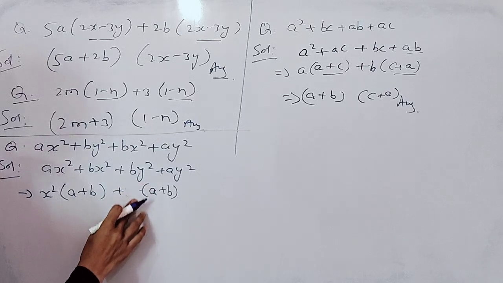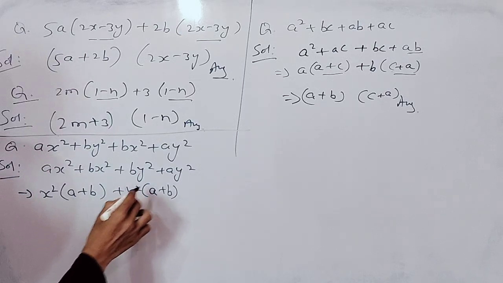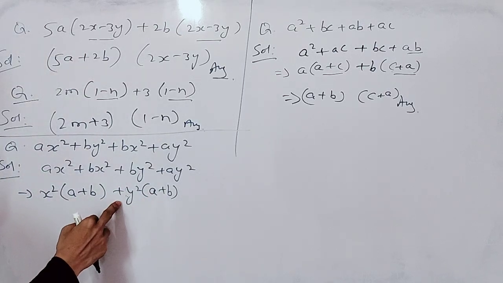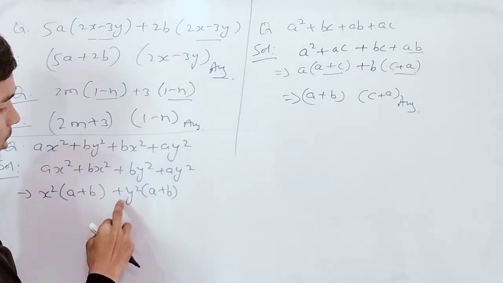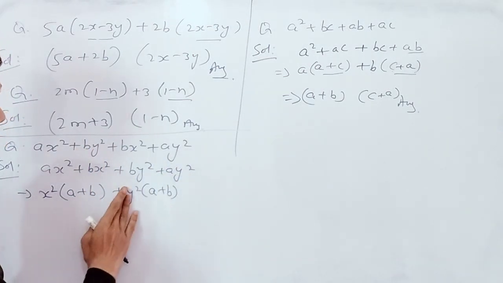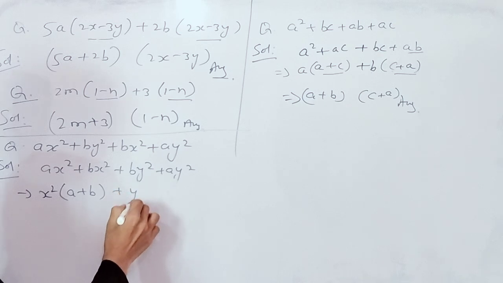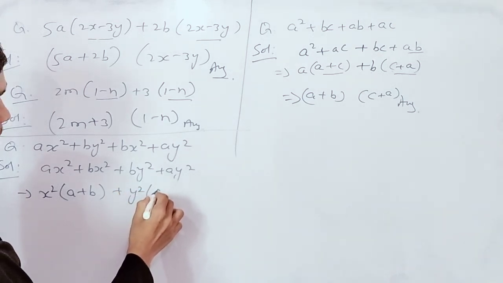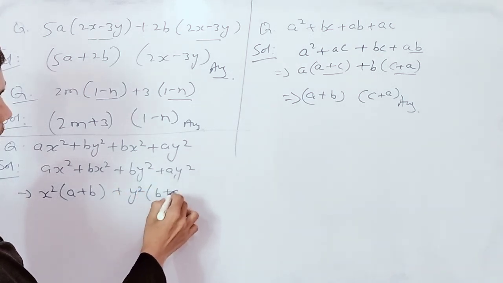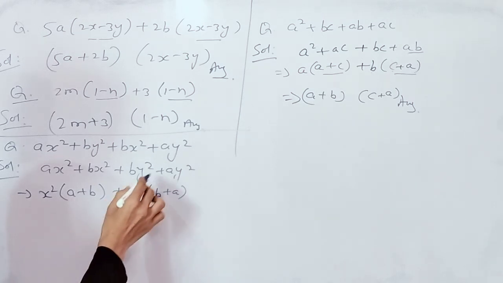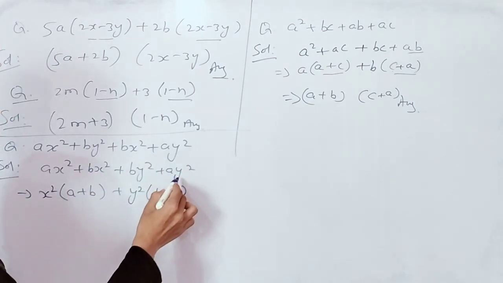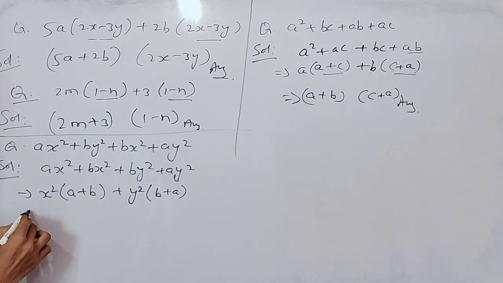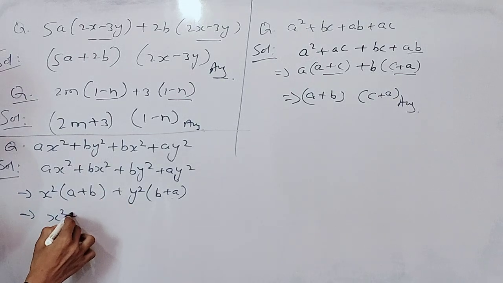Y square multiply A, it will give you ay square, plus y square into b, by square. Y square into a, ay square.